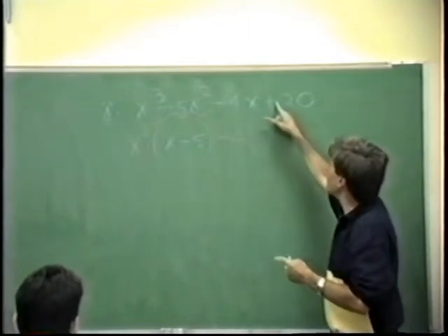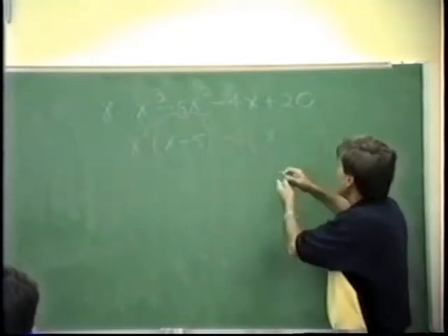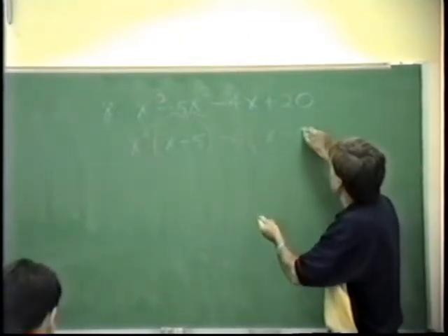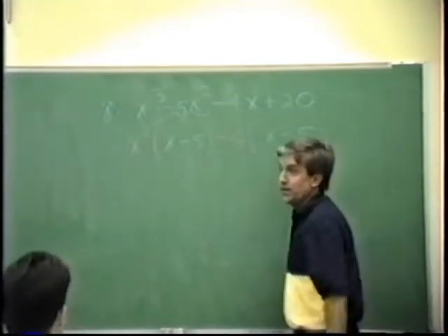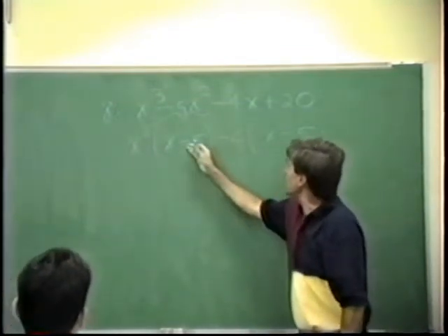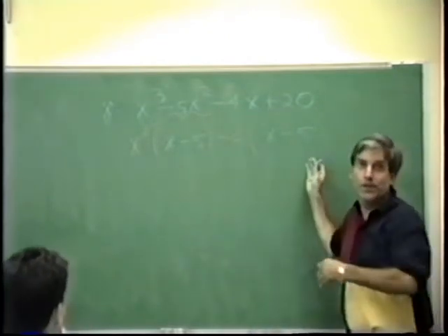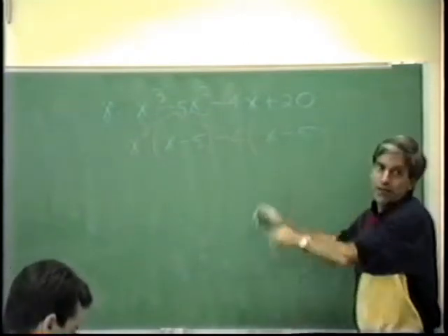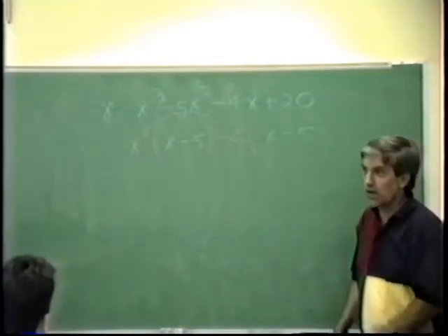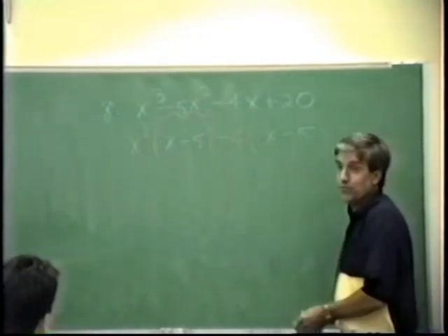And then if you take out a negative 4, it would have to be a negative 5. And thank goodness it is, because it's got to match up with this one. And if you ever get an x minus 4 and an x plus 4, or an x minus 5 and an x plus 5, if this doesn't match up with this, you have to go back and find what you did wrong, or else try something else, because you're not allowed to factor out a common factor if you don't have a common factor to factor out.